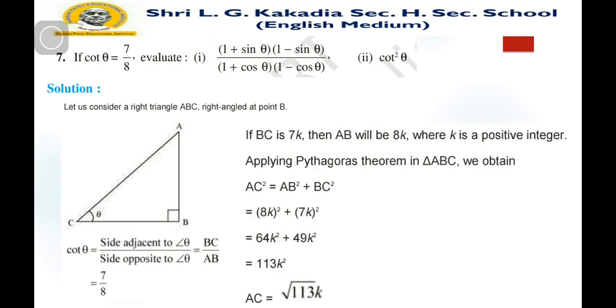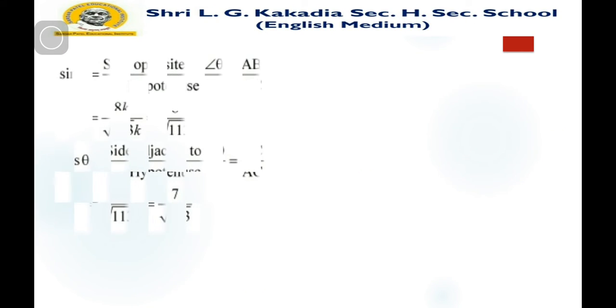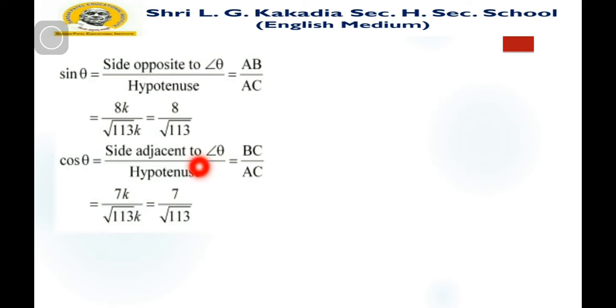So we have the value of hypotenuse, adjacent side and opposite side. So we can find other values of trigonometric ratios, that is sin theta and cos theta. Sin theta means side opposite to angle theta upon hypotenuse, which is equal to AB upon AC.